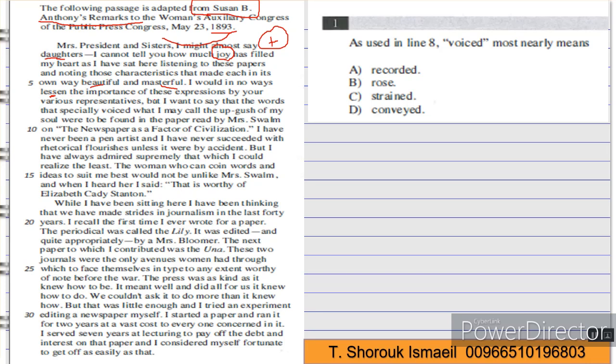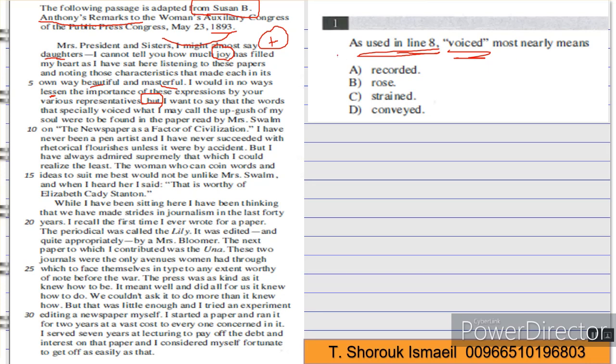The importance of these expressions by your various representatives, but as you know, these transition words are important. I want to say that the words that specially voiced, let's come to the question here, as used in line 8 here, voiced most nearly means.